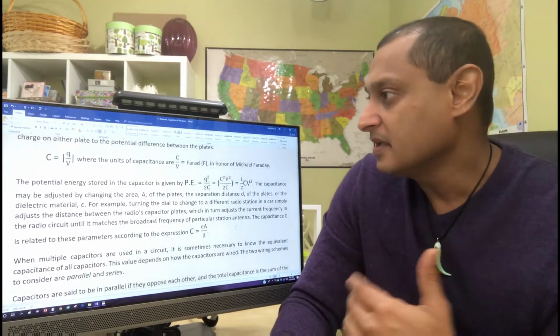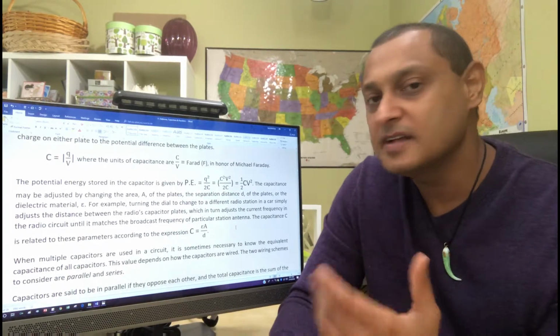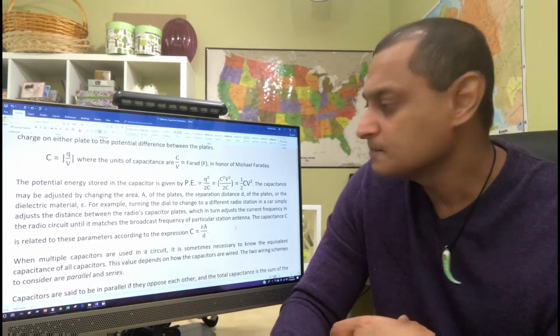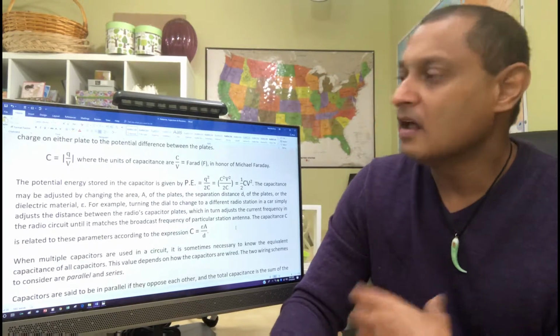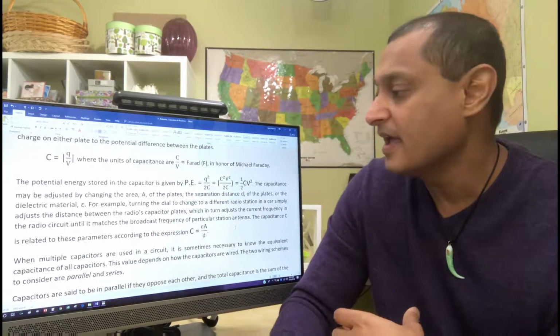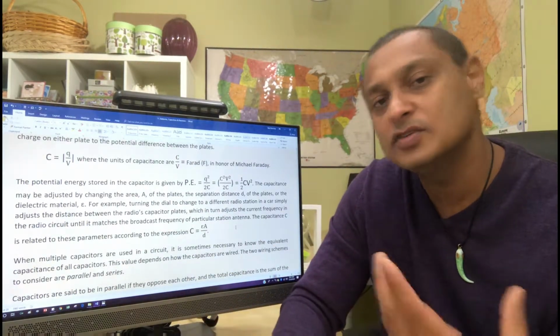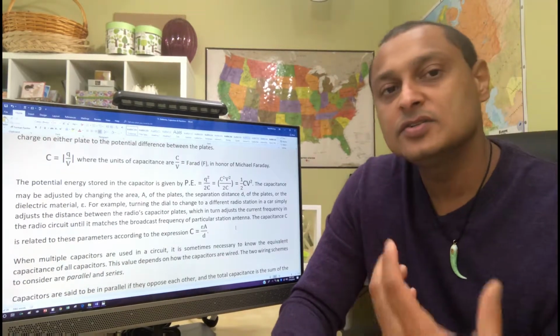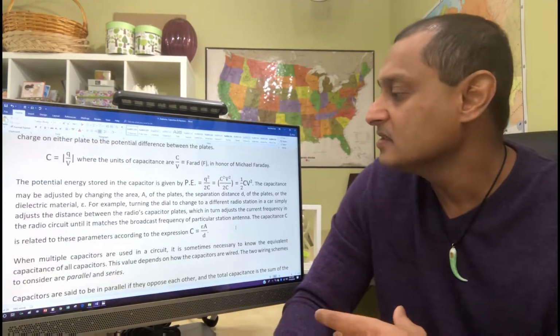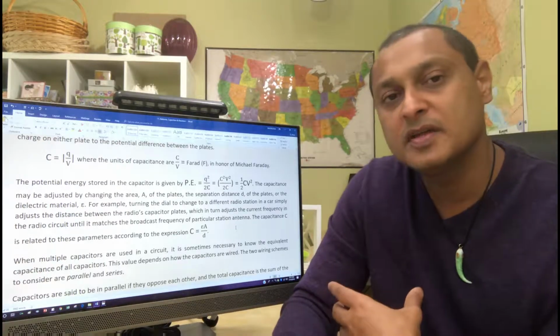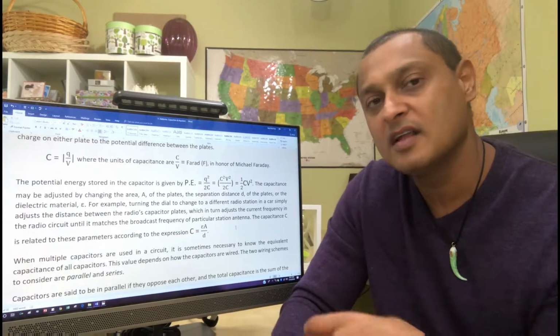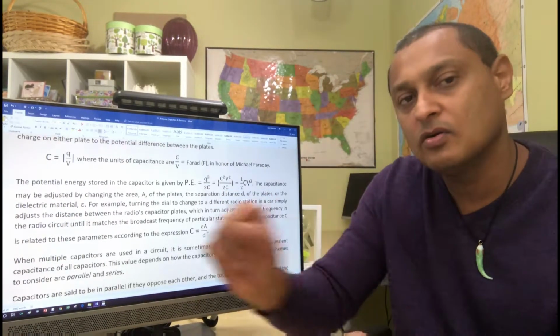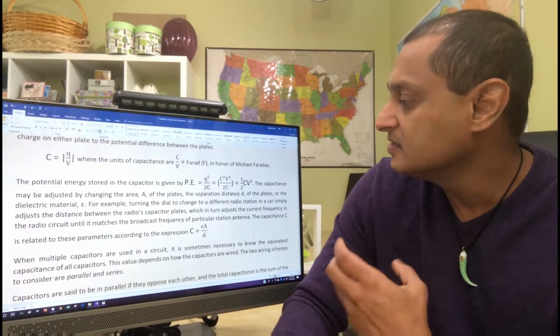Certainly there can be more than one capacitor in a circuit, so depending on how these capacitors are used, they can be aligned in series or in parallel. The equivalent capacitance of the circuit, the energy storing ability, depends on the arrangement, how the capacitors are lined up, opposing each other or one after the other in series.